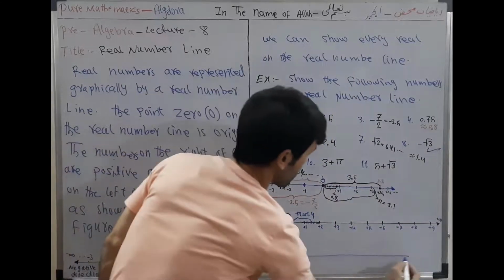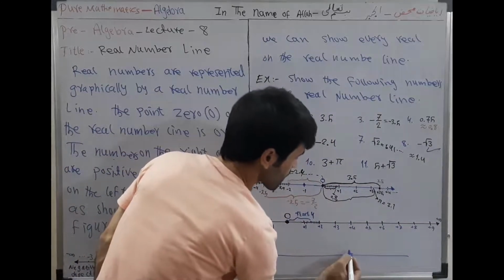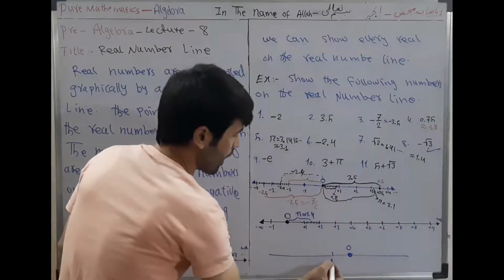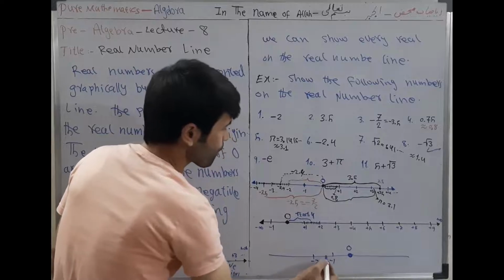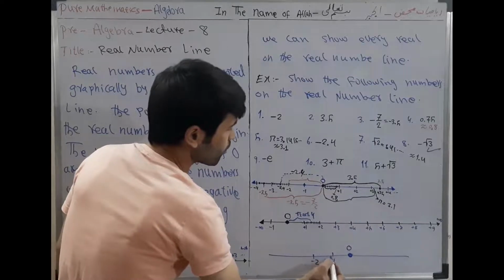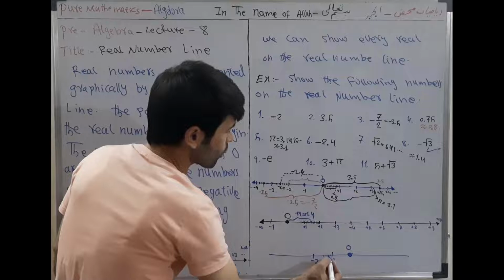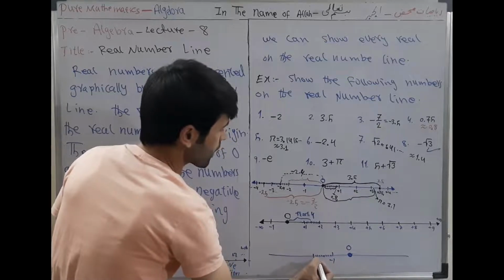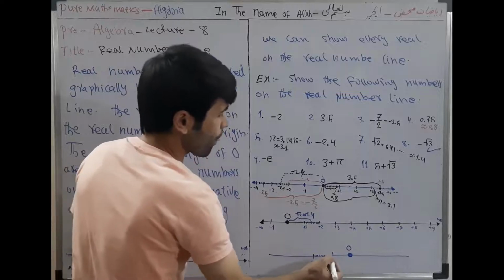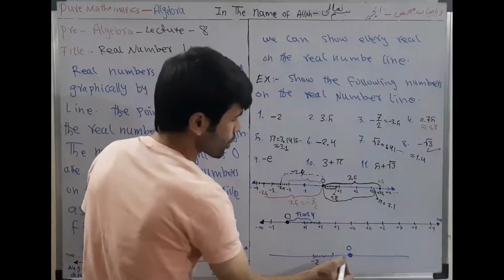Also, we can show it: if this is the origin, 1, 2, minus 1. Here is minus 1, then 1, 2, 3, 4, 5, 6, 7, 8, 9, 10. It is minus 1, minus 2, 0.